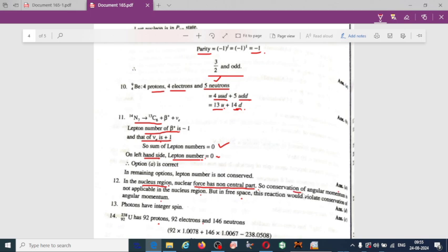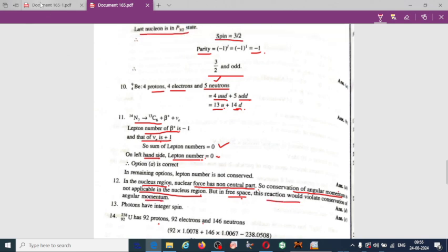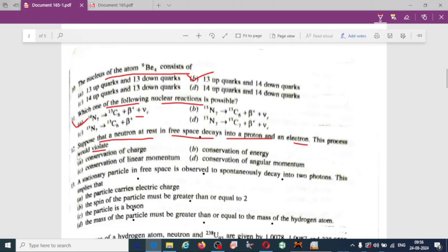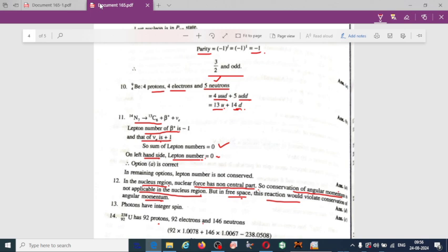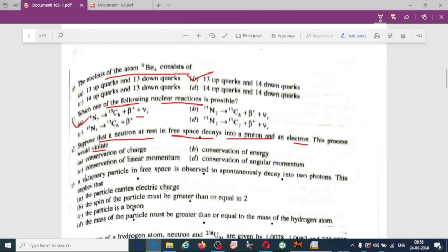So conservation of angular momentum is not as applicable in the nuclear region. But in free space, this reaction would violate conservation of angular momentum. So the option for question 12 is D.